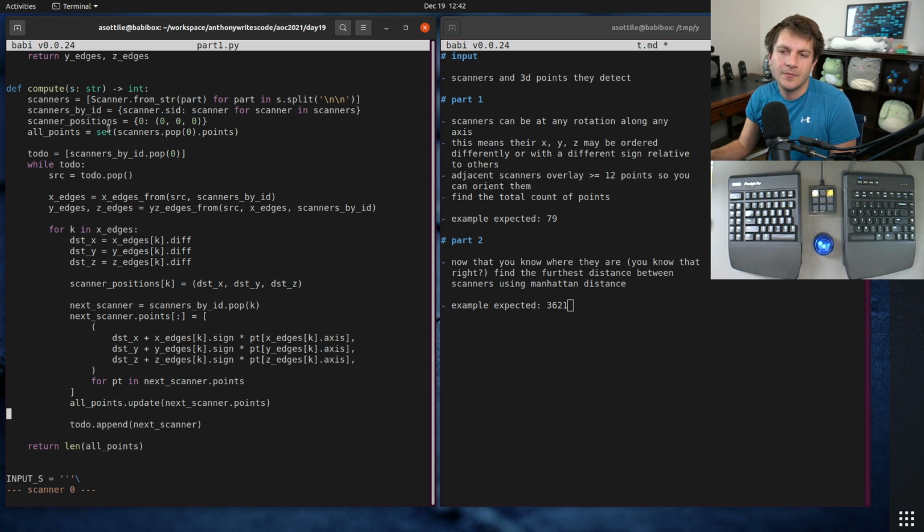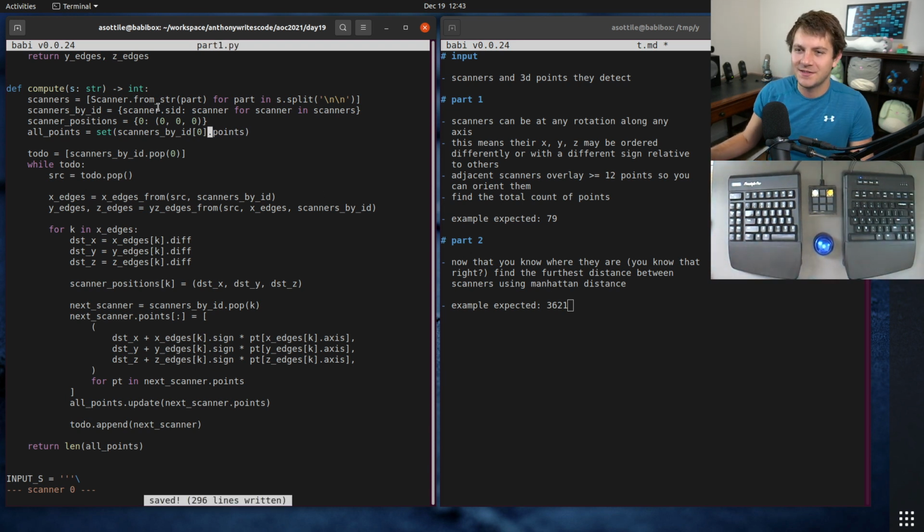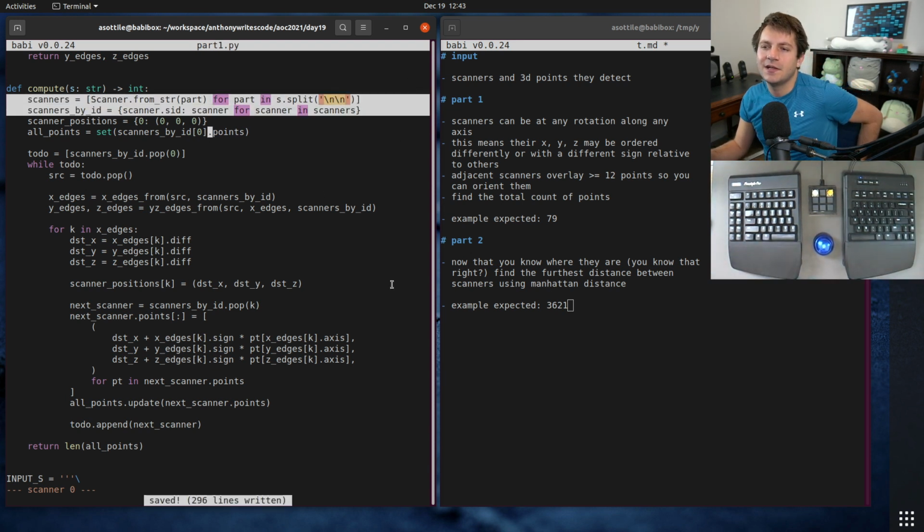Oh, this should say scanners by ID. Okay, there's a tiny bug here, but the code works fine without it. Oh, actually no, it's fine because I do it right here. I don't know why I did this here. This should just be scanners by ID 0 dot points. Okay, it doesn't matter. It ends up being the same thing because these line up the same.